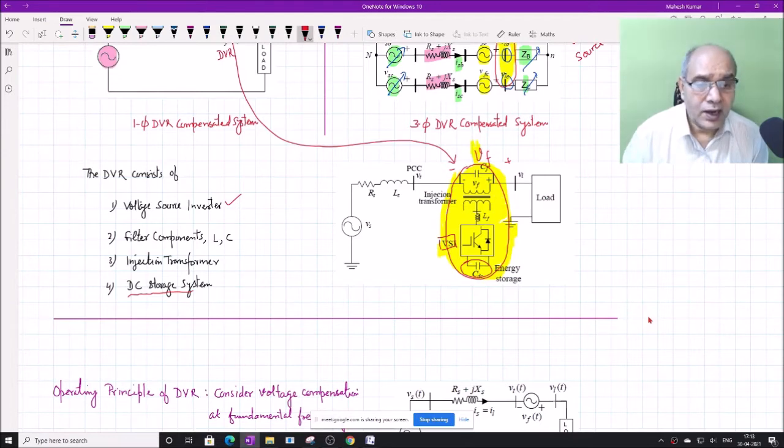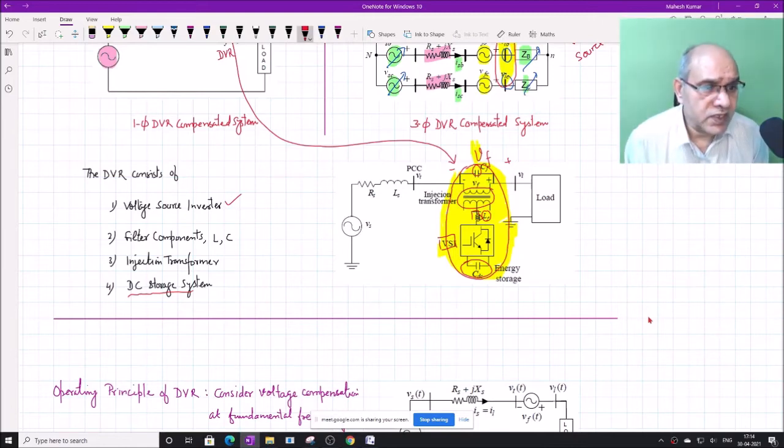On the output side, we have an AC output, and we have filter components LF and CF to shape the desired waveform of the voltage, and then we have an injection transformer which transfers the voltage from primary to secondary side.